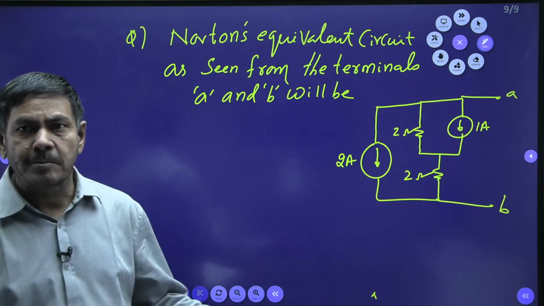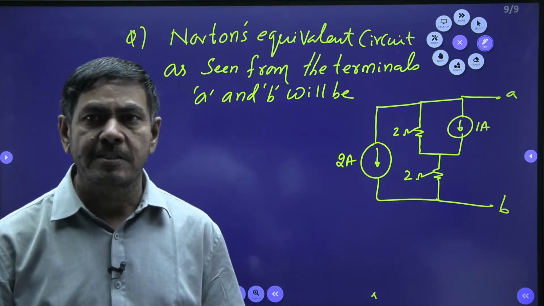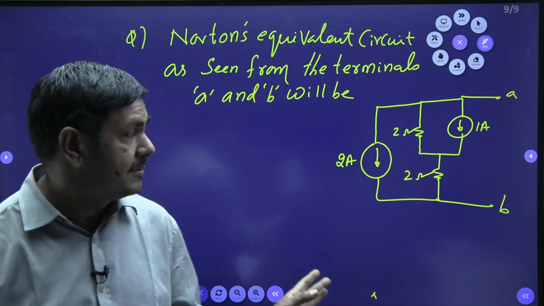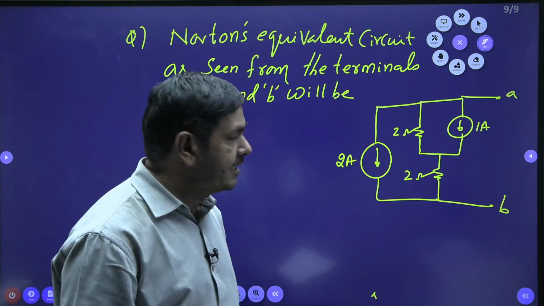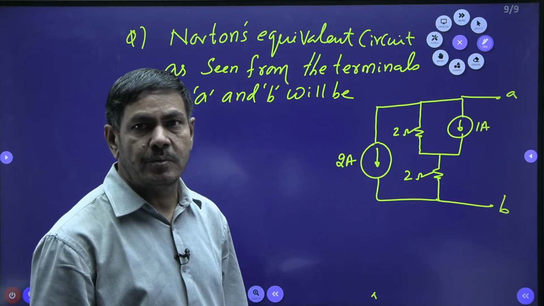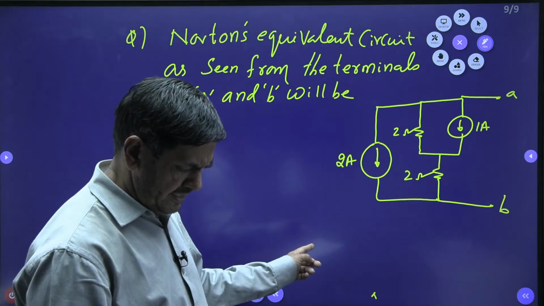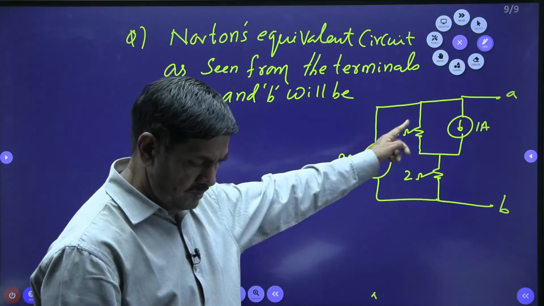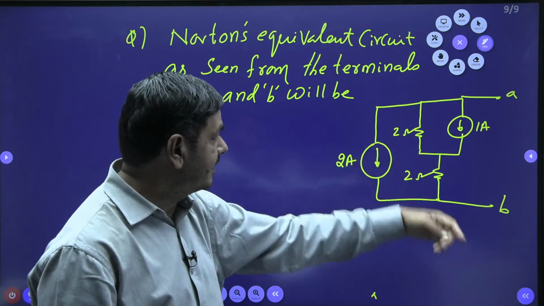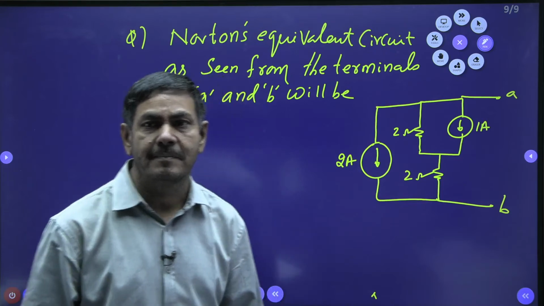But he gave 4 options, 4 diagrams are given. I will not give any equivalent circuit. Please try to get the Norton's equivalent circuit for the given problem. This is 2 amperes, this is also 2 ohms, 1 ampere, and 2 ohm it is given. Can you complete this question without my help?